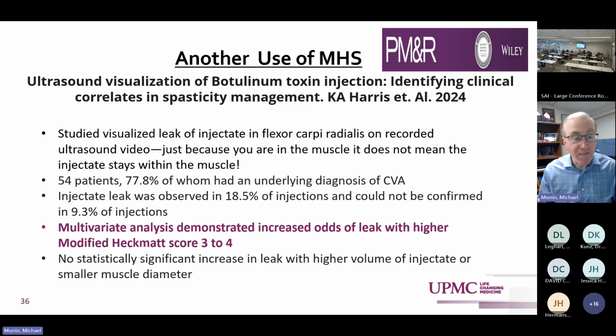What I think is even more fascinating is that there was no statistically significant increase in leak with higher volumes, usually a 2-to-1 or 3-to-1 dilution of the toxin, or in smaller muscles. Those would have been what I would have thought beforehand, but no, it's perhaps the stiffness of the muscle, as indicated by the fibrotic change as determined by the modified Heckman scale, that seems to be imparting a leakage of neurotoxin. So really great work by Kristen Harris and her group.